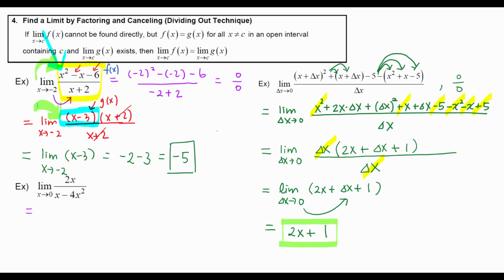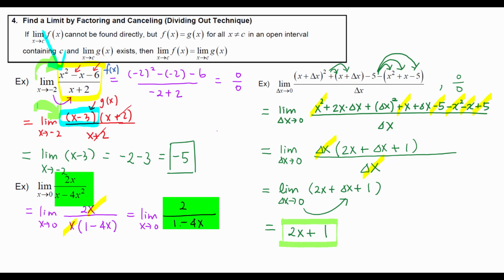So when that happens, well, the numerator is a monomial, so you can leave it the way it is. And the denominator has a common factor x, so you can factor that out, and you will have 1 minus 4x. Then you can cancel the common factor x, and this limit is equal to the limit of 2 over 1 minus 4x as x approaches 0.